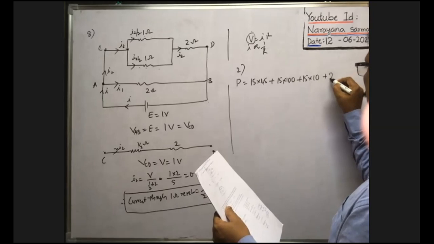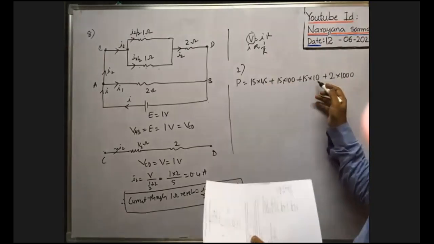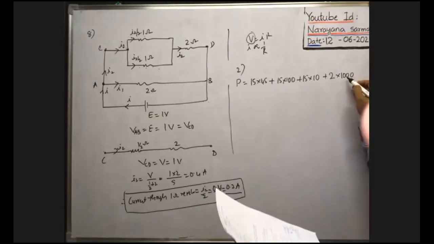That means 2 into 1000 watt, because we have substituted everything in the SI system. It is given in kilowatt, that's why you convert it into watt and substitute here.